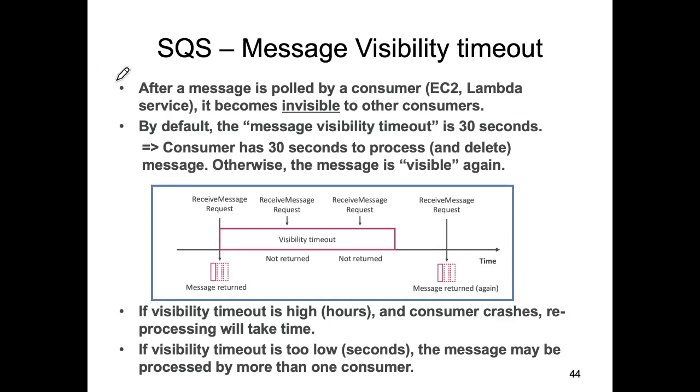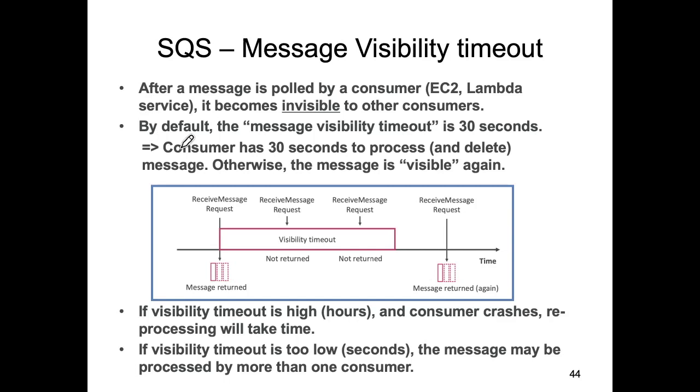So, just to quickly recap: after a message is polled by a consumer, and the consumer can be anything, an EC2 instance, or the Lambda service, it becomes invisible. The default visibility period is 30 seconds. So the consumer has 30 seconds to process the message and delete it. It has to do it all within that 30 seconds.